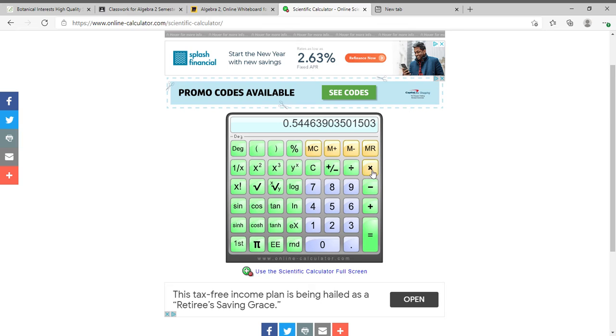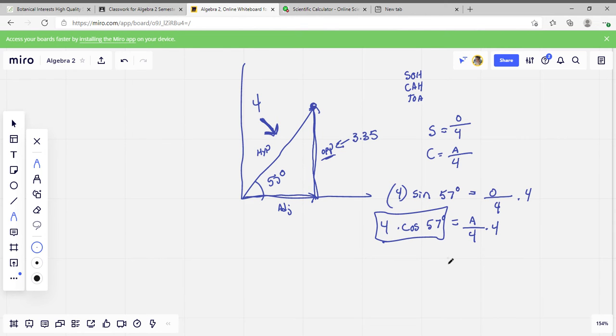Okay, and then we're going to multiply that times 4. And we get 2.17. So that would be our adjacent right there, how far we went to the right.